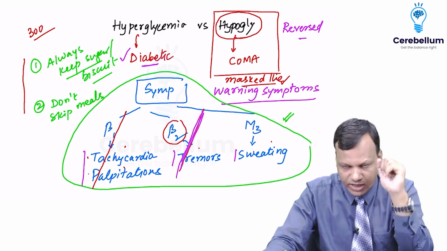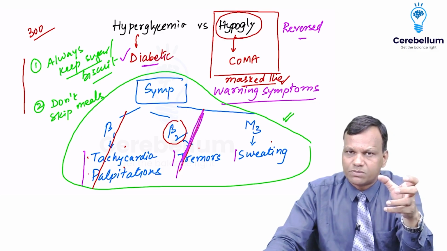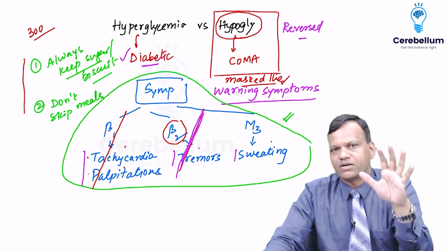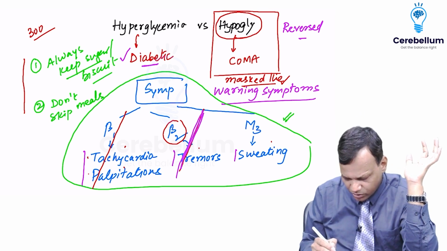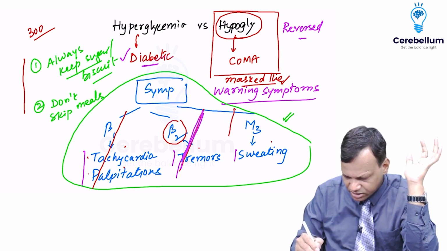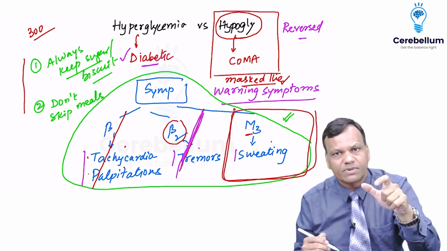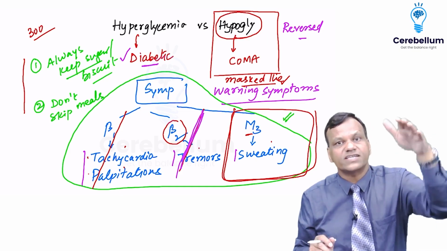Okay. Now, one last thing. Question asked: which symptom of hypoglycemia will still be present even if a person is taking beta blockers? See carefully, it's very easy. Yes, the only reliable symptom is sweating. Remember, sweating is mediated by muscarinic receptors because in the sympathetic system, to the sweat gland, there is a release of acetylcholine.